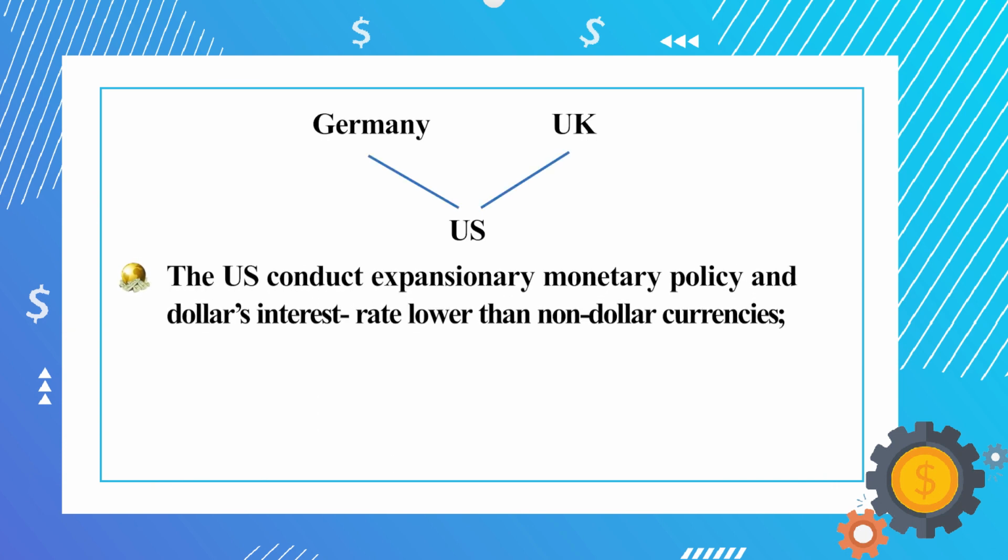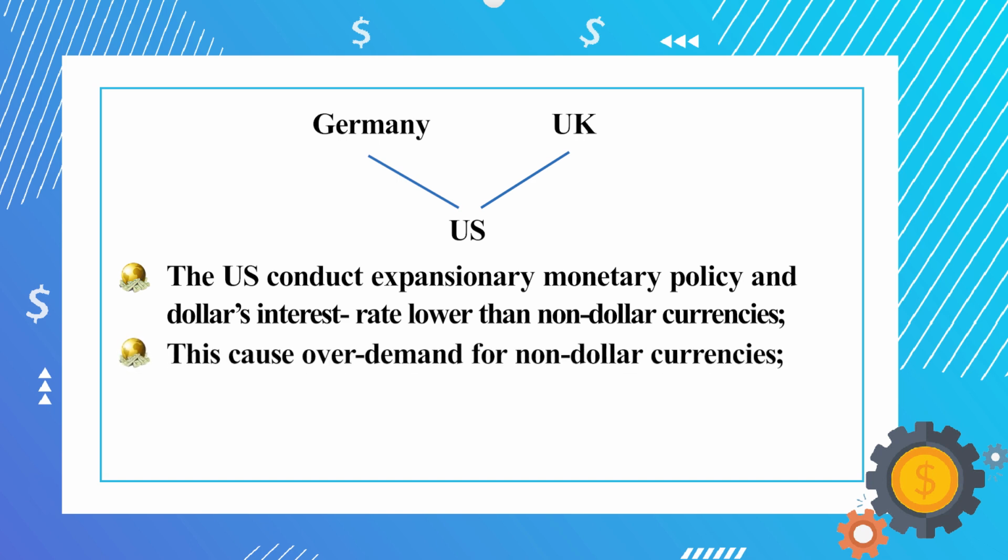During the period of Bretton Woods, America's internal macroeconomic policy was expansionary, aiming to stimulate its economic growth. Dollar interest rates were lower than those of other currencies. On the foreign exchange market, there would appear over-demand for non-dollar currencies, which would result in the revaluation of non-dollar currencies.